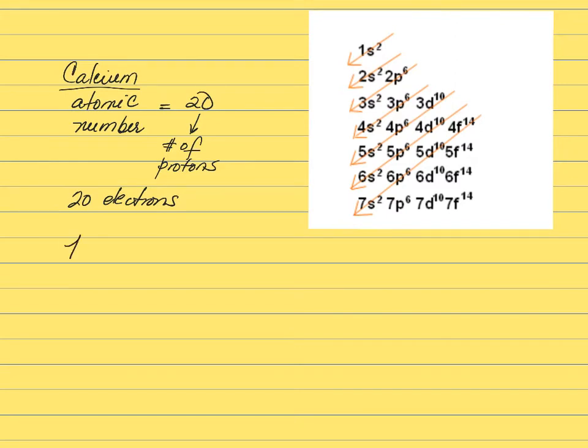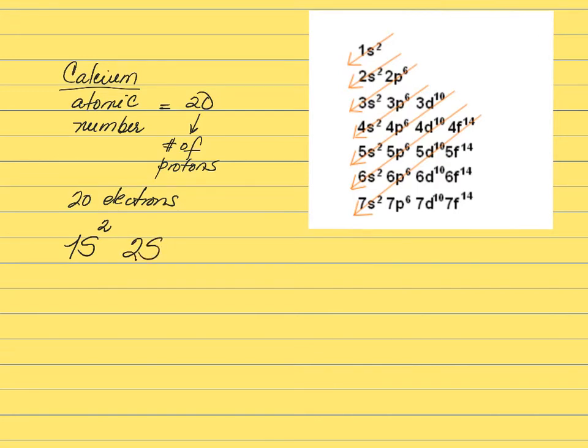My first level has only one sub-level, orbital s, and in that orbital I have only space for 2 electrons. Remember that every orbital has space only for 2 electrons if they are spinning in opposite directions according to the Pauli exclusion principle.